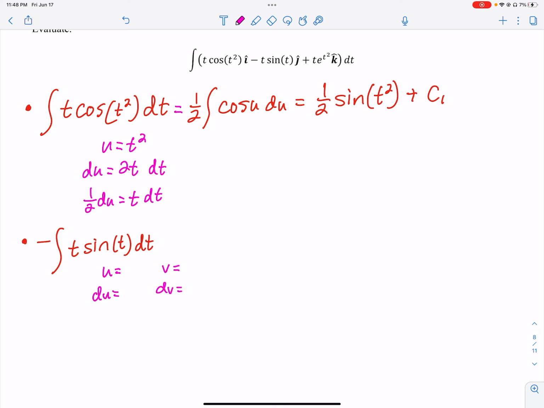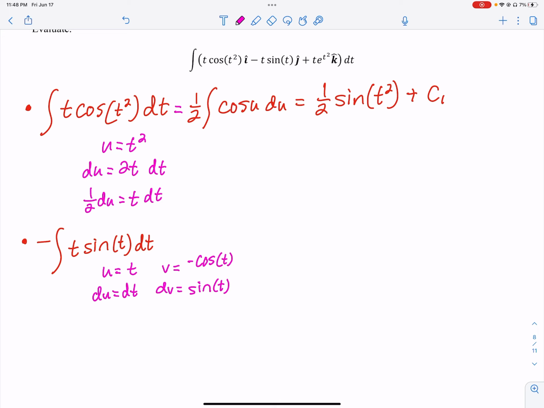For integration by parts, we want to put the function that will go away if I take the derivative as a u. So I'm going to put a t here, because if I put a t, this just becomes dt. And then I can put a sine t here as dv, and I know that going back, the integral becomes negative cosine t.